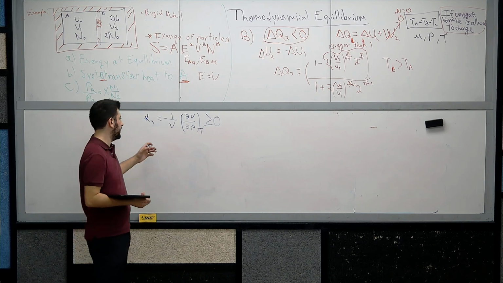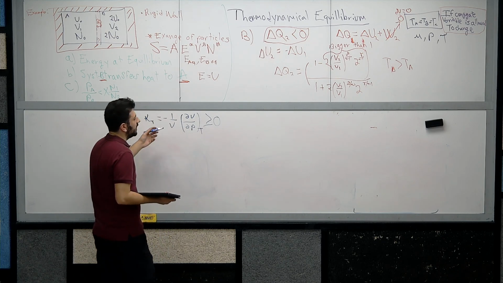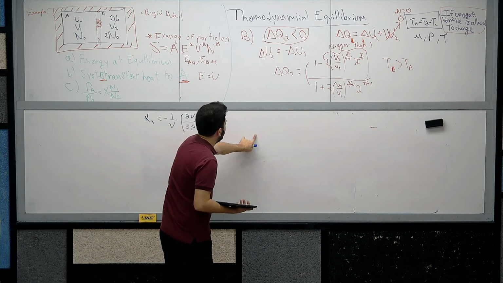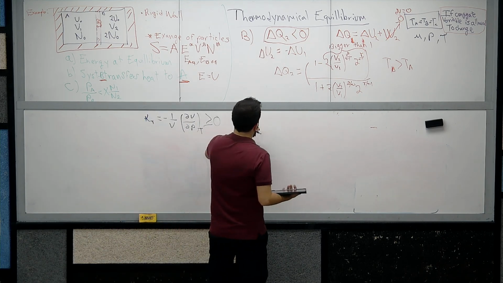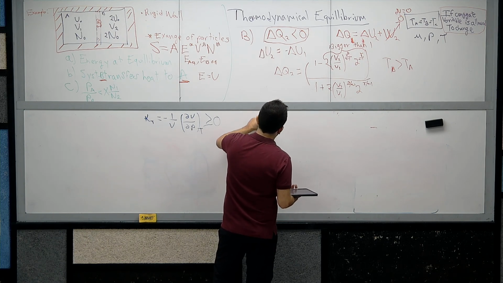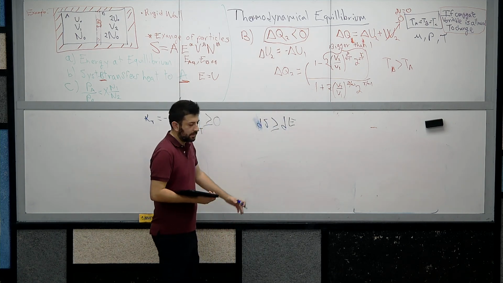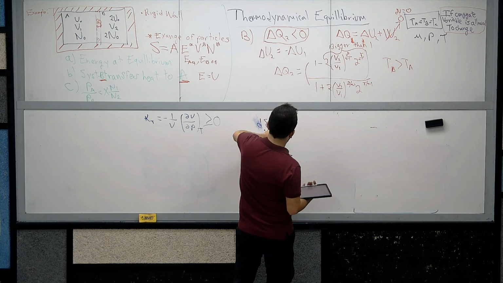No? Okay, so you can actually use Maxwell relations to prove that this is true using the fact that the entropy is always increasing monotonically with respect to the energy. Right?